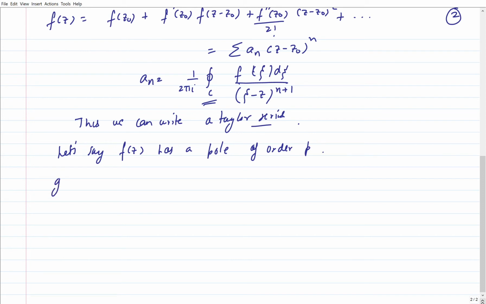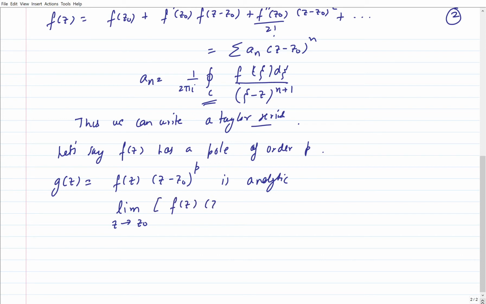So I can write a function g(z) as f(z) times (z minus z0) to the power of p, and this function is going to be analytic, as we saw that the limit as z goes to z0 of f(z)(z minus z0)^p was finite.